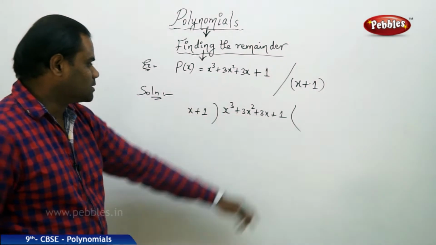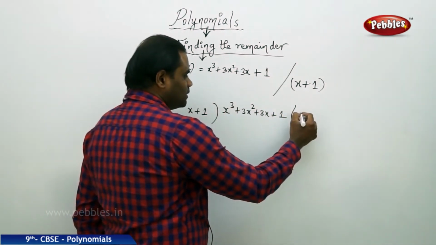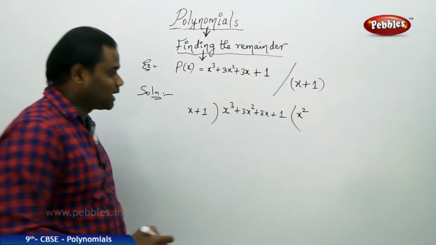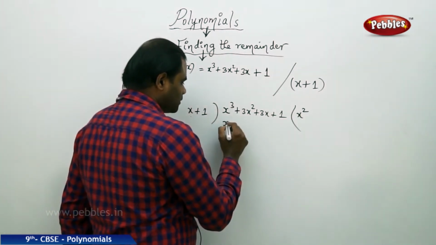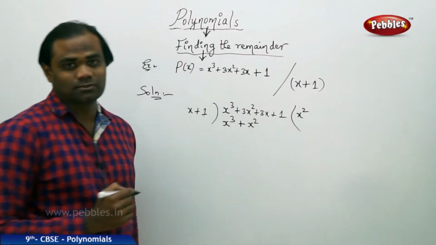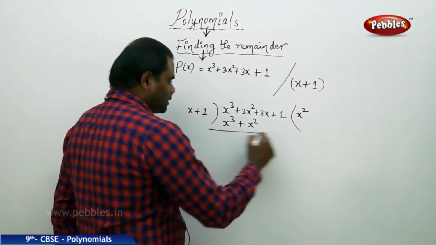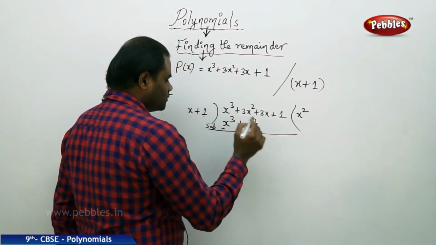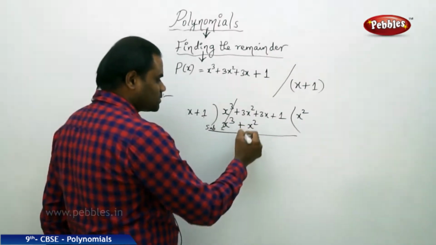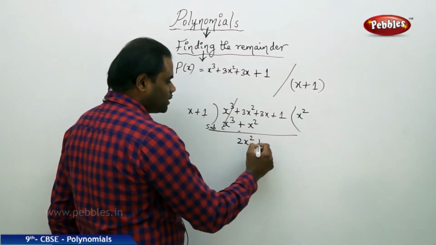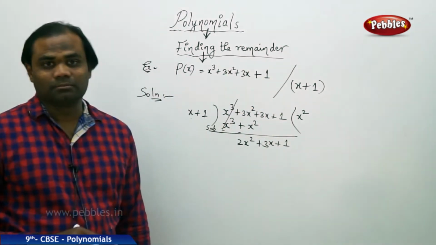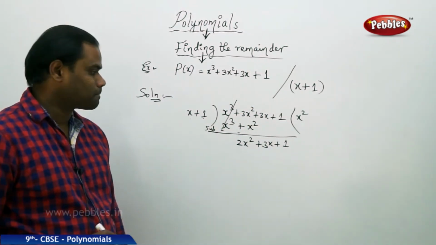Now continuing with this, I have x cubed, which can be filled up by multiplying x with x squared, so that I get x times x squared, which is x cubed, and 1 times x squared, which is x squared. And then I subtract with the change of signs, this gets cancelled, and I get 3x squared minus x squared, which is 2x squared, with the other two terms dropping down directly from the given expression.